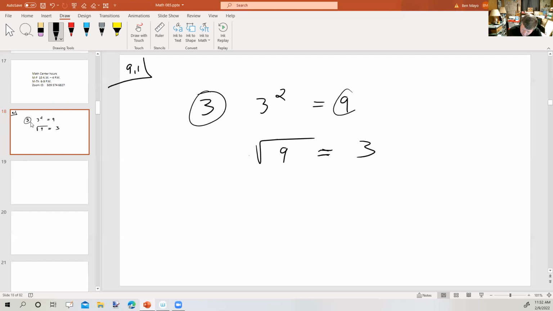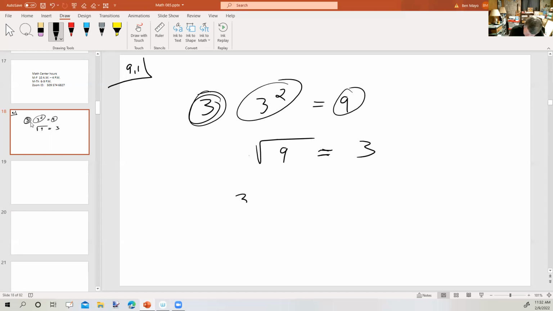So 9 is a square that came from 3 being squared. So the square root, in other words, what was the number that was squared to get 9? The square root of 9 is 3. So it's like we're going backwards. In fact, if I had named it, I wouldn't call it the square root, I'd call it the unsquare. So the unsquare of 9 is 3.